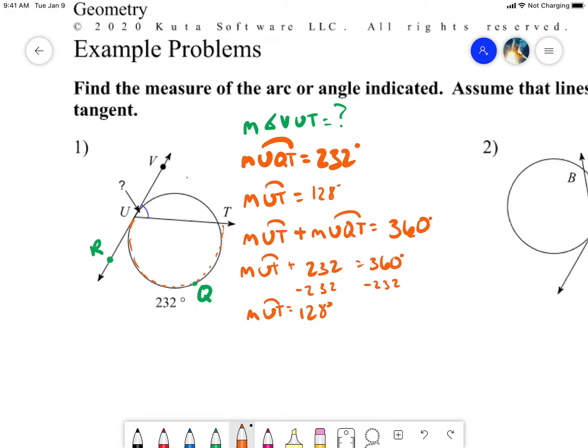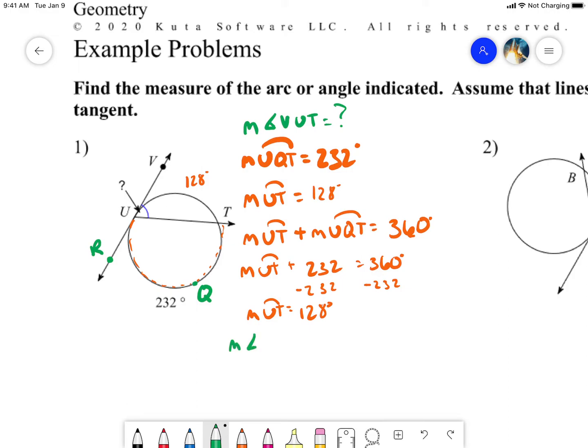So now, if I'm trying to solve for the measure of angle VUT, applying the theorem that we just learned, I always recommend using the half, because it keeps it consistent. You don't try to think double, and so on. Just stick with half.